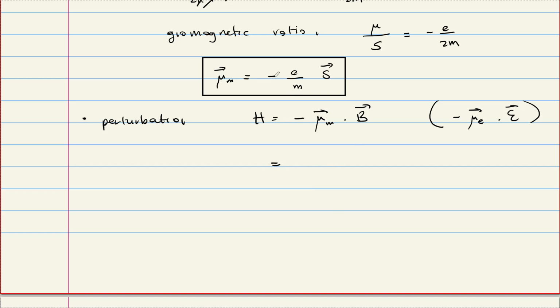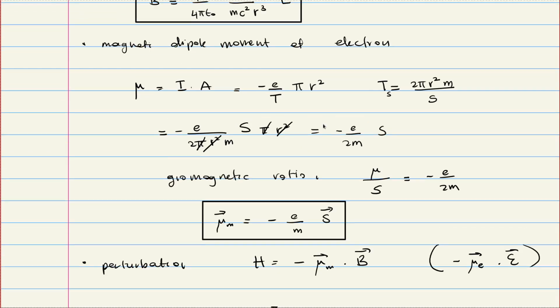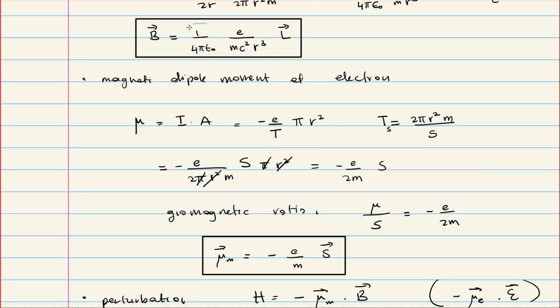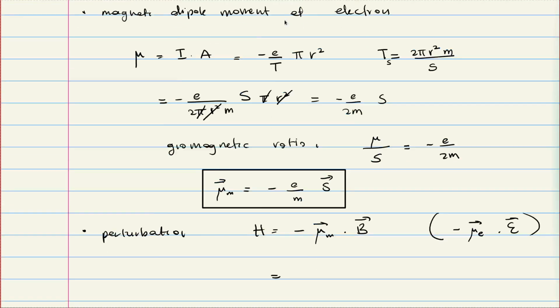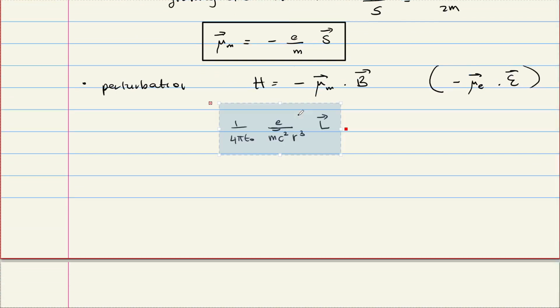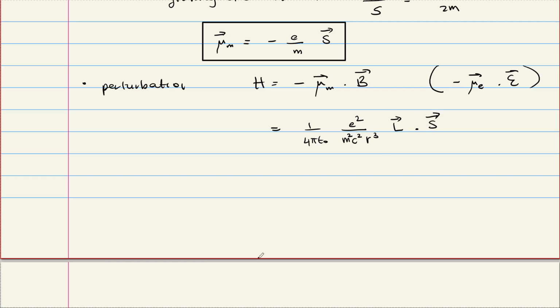And this becomes minus, let me just copy this factor here, e squared over m squared, and I'm going to write L dot S. So orbital angular momentum of electron is coupled to spin angular momentum of electron. So that's why we call this spin orbit coupling.